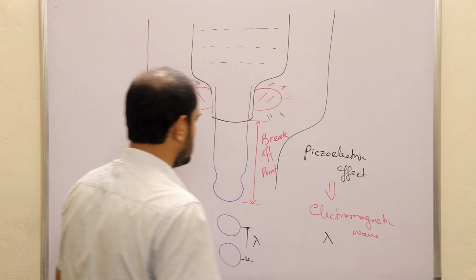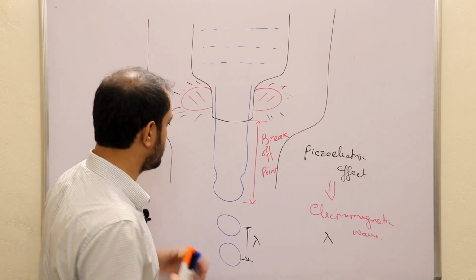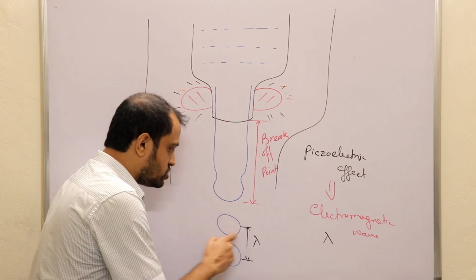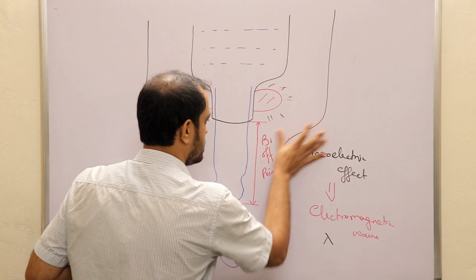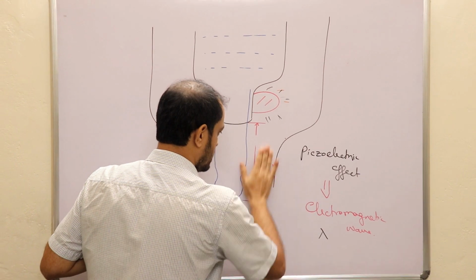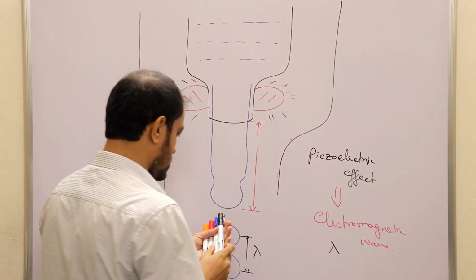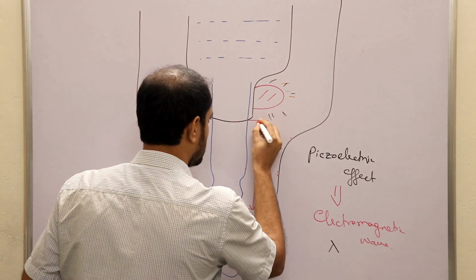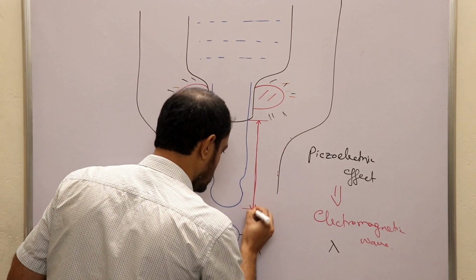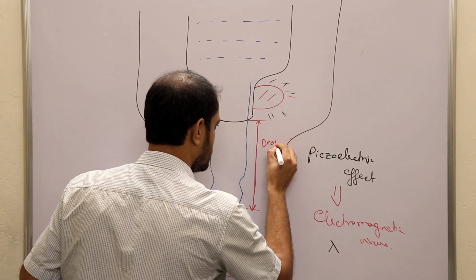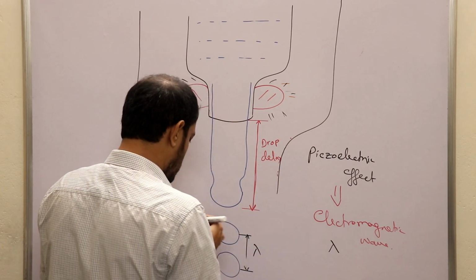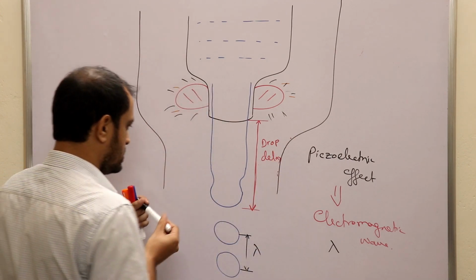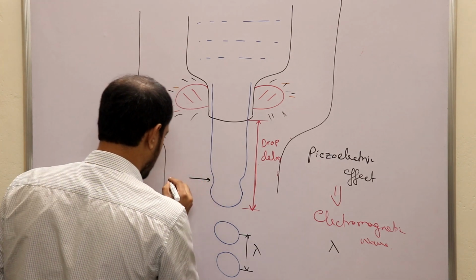Okay, so we were discussing this. Now listen, each drop will have a charge. Now you need to correct one thing. This is actually not the break off point. I'm sorry, this is called drop delay, and this point is called break off point.